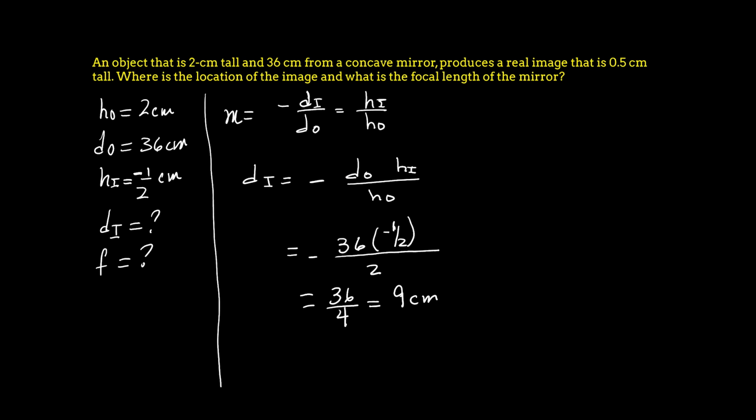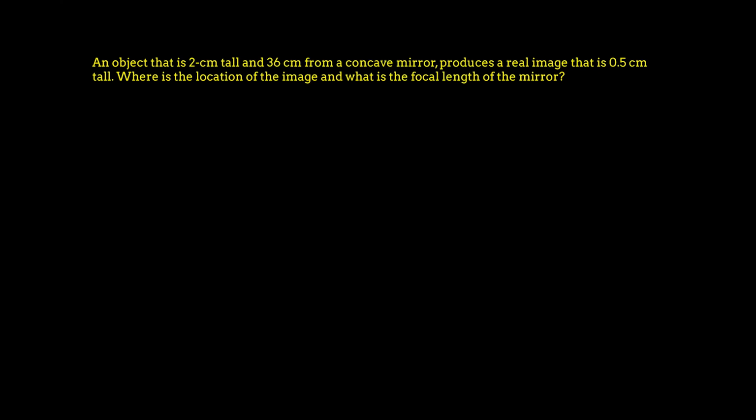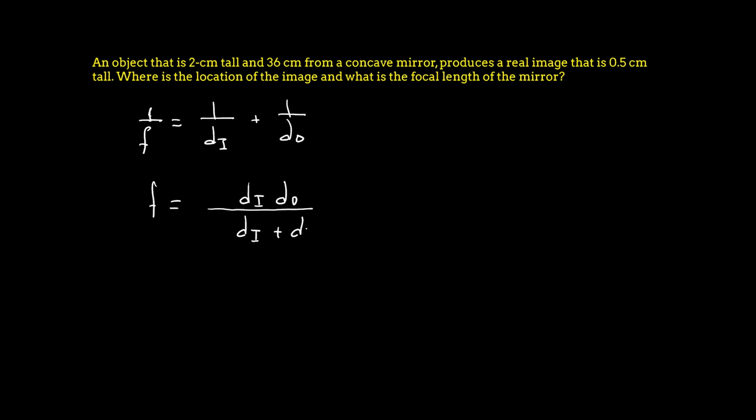Now I know what D sub I is, and I know what D sub O is. I can get F right away. So 1 over F is 1 over D sub I plus 1 over D sub O. And again, the same math as before will give us D sub I times D sub O over D sub I plus D sub O. Okay? Again, see previous videos.